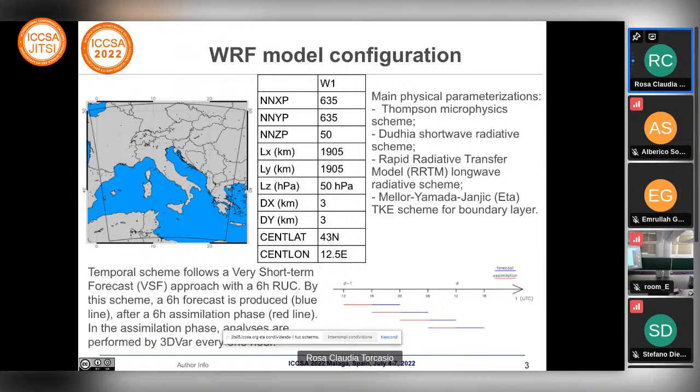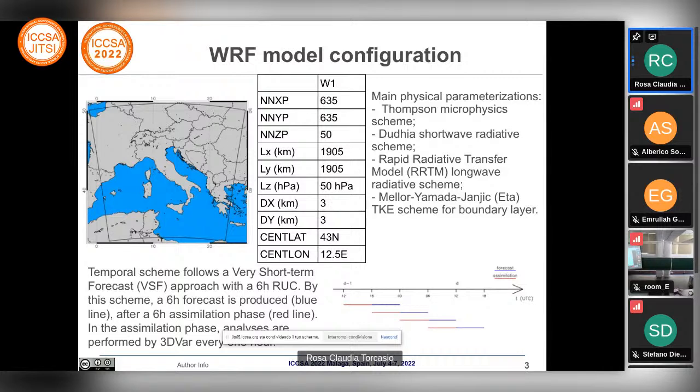In the figure in the bottom right part of the slide, we see the scheme used for simulation. We use a very short-term forecast approach with simulations that last 12 hours. In the first 6 hours, we have the assimilation phase, represented by the red line in this figure, and the second 6 hours are for the free forecast, the blue line in the figure.